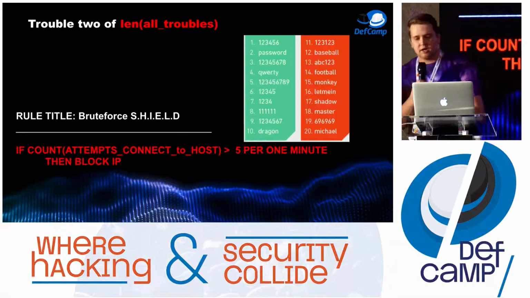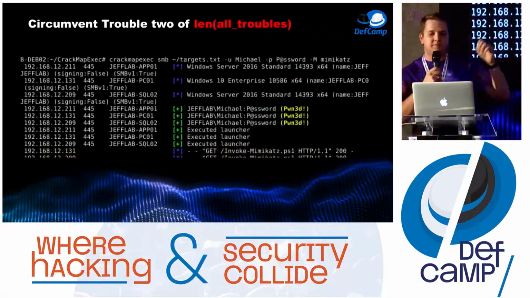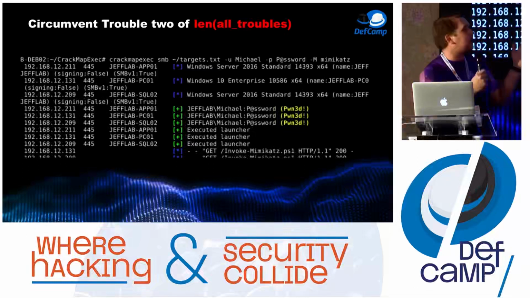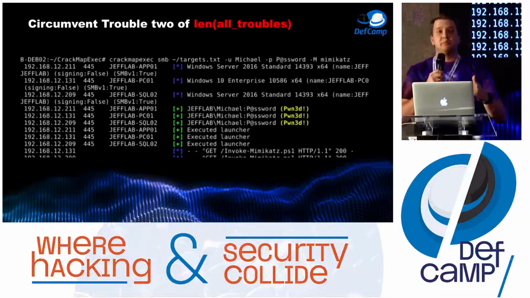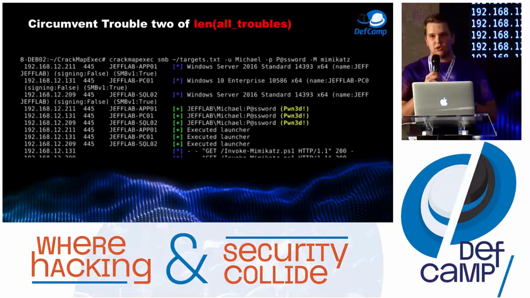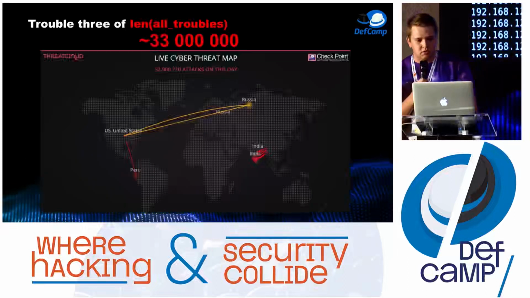And many information security tools aim to check one password on many hosts, on several hosts. For example, CrackMapExec allows not only to replay password hashes, but to check one password on several hosts. And for the security team, we are again a normal user.